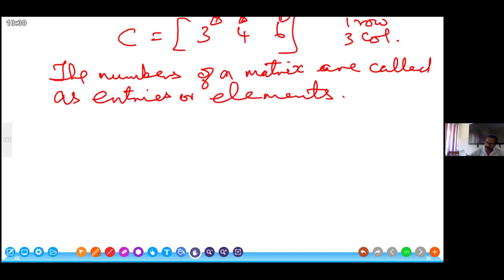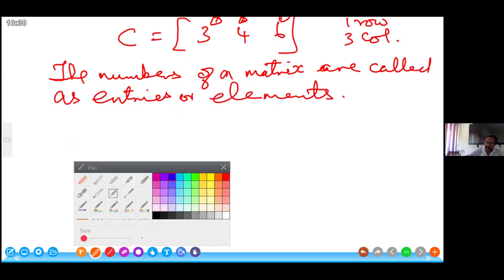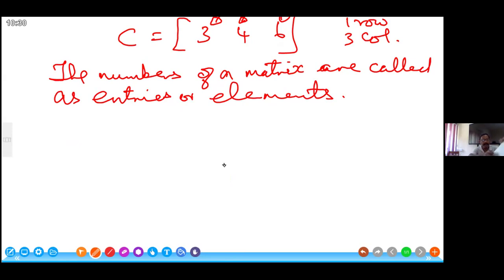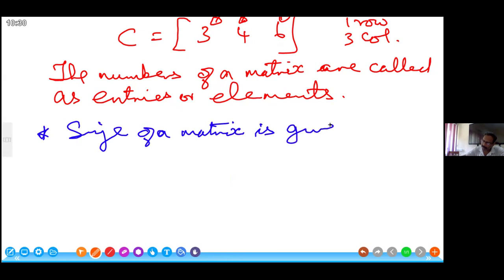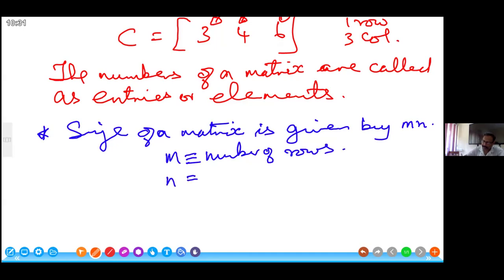Also, the size of a matrix is given by M into N. M is the number of rows, N is the number of columns.